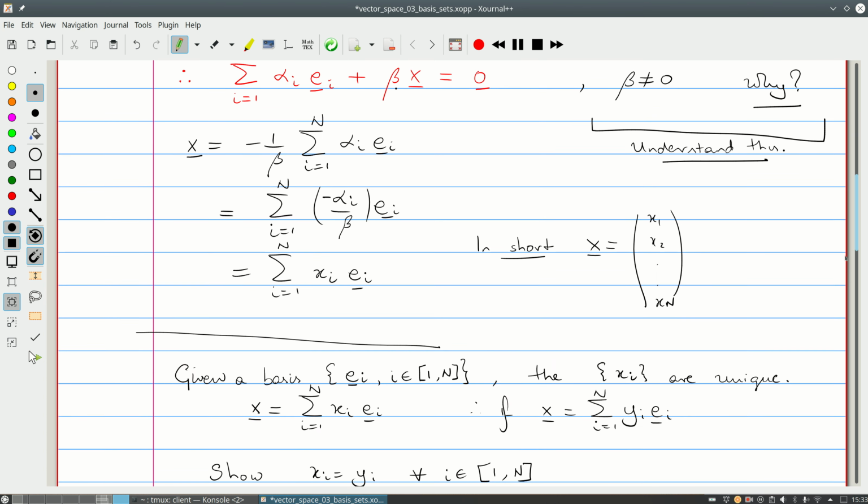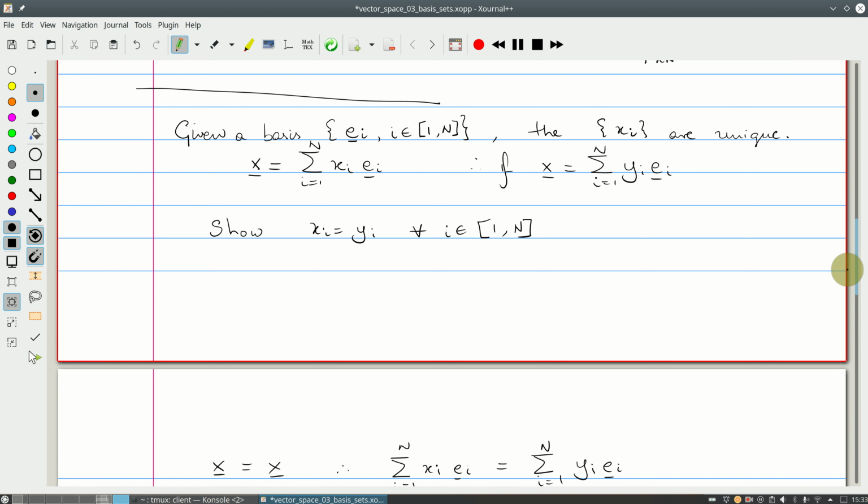I've also said that the expansion coefficients of any vector x in this space, the xi's, are unique once you've defined a basis set. However, if I change my basis set, then the xi's will change. This is an important concept again.